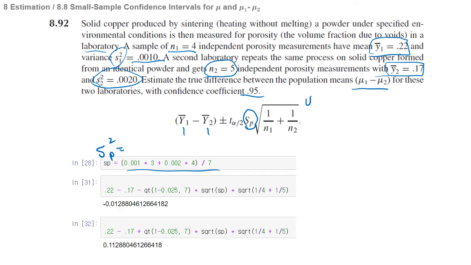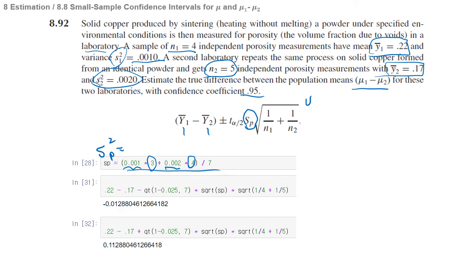So this 0.001 is the variance for the first group population, and this is n1 minus 1, and this is the variance for the second group, and this is n2 minus 1, and divide by n1 plus n2 minus 2.